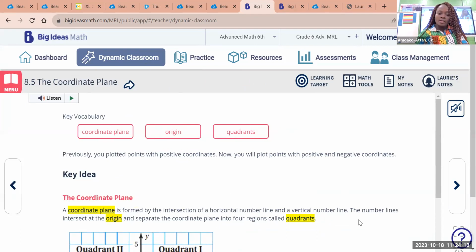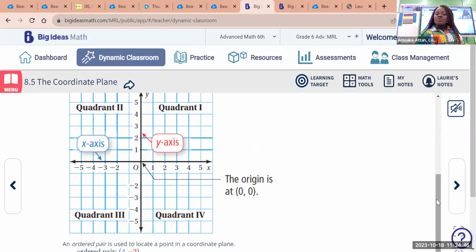All right. So a coordinate plane is formed by the intersection of a horizontal line and a vertical line. You should be able to identify what a horizontal line is and what a vertical line is. The number lines intersect at the origin and separate the coordinate plane into 4 regions called quadrants.